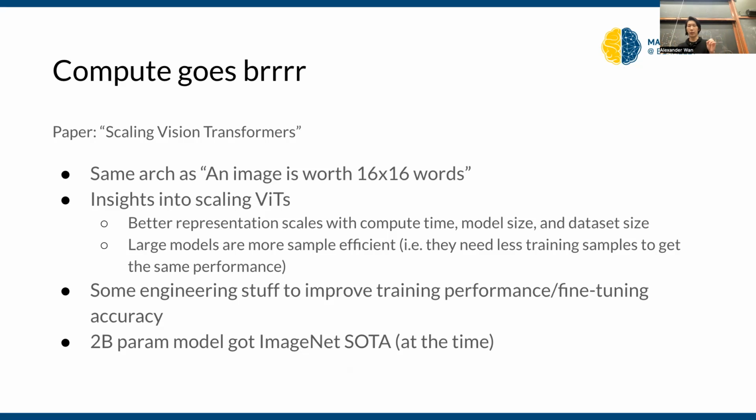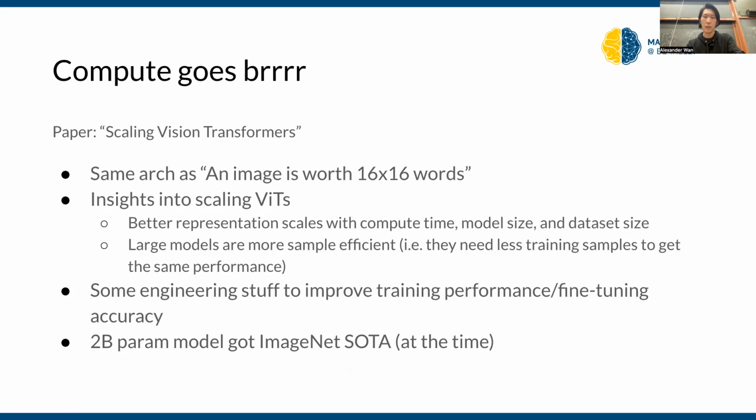That's another thing that you also see in text, like language models. They also have some engineering to improve training performance and fine-tuning accuracy. And their 2 billion parameter model ended up getting the state-of-the-art on ImageNet at the time. I think they don't have that anymore.